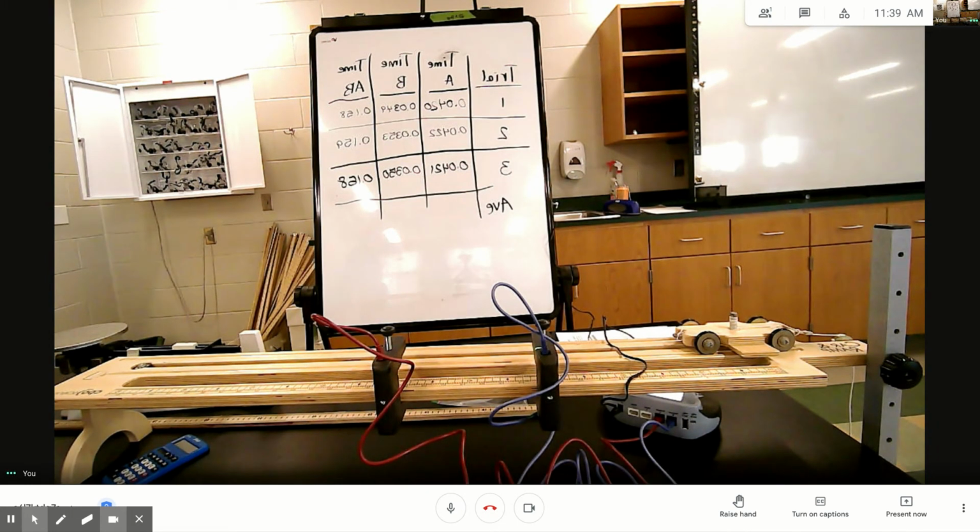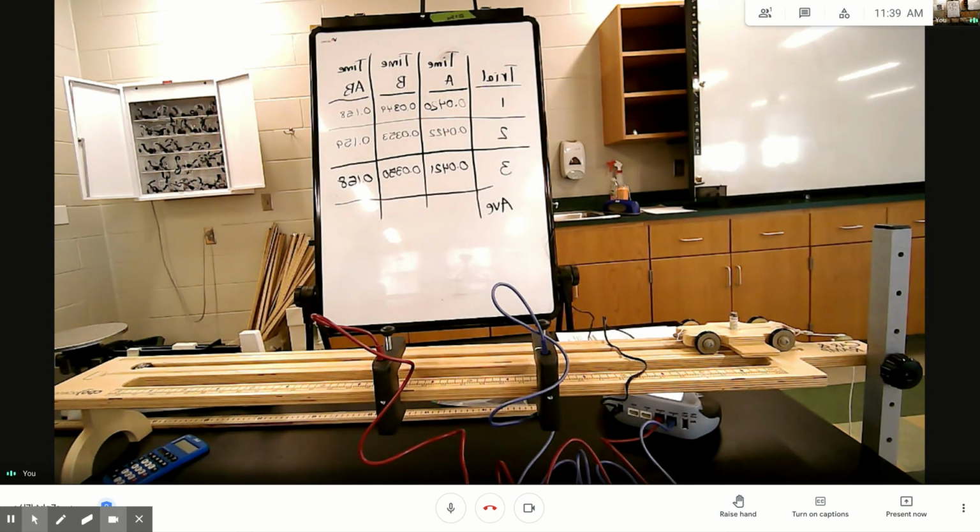Remember that, the width of the wing, divided by the time that you measured for photo gate A. So put in your distance, needs to be in meters, and the average time for photo gate A.